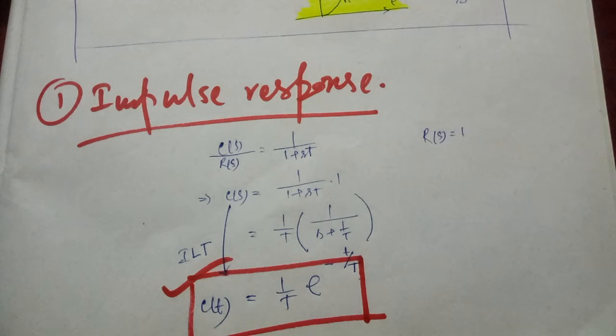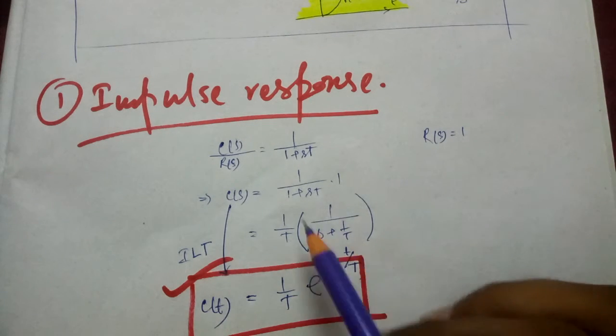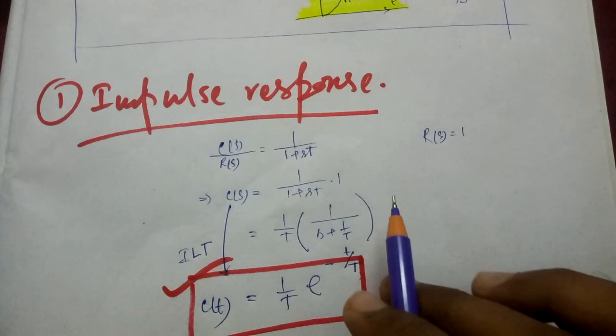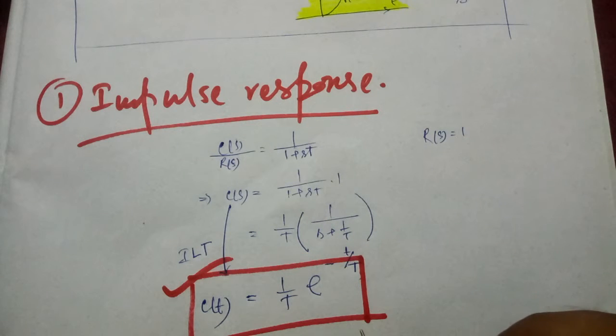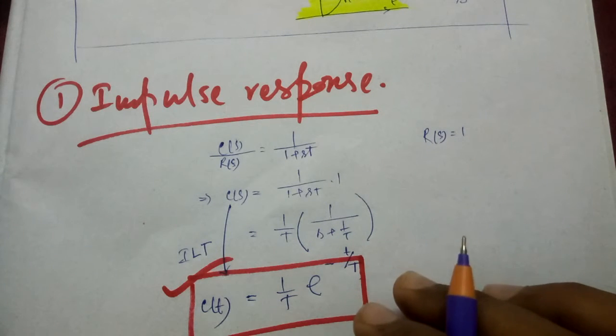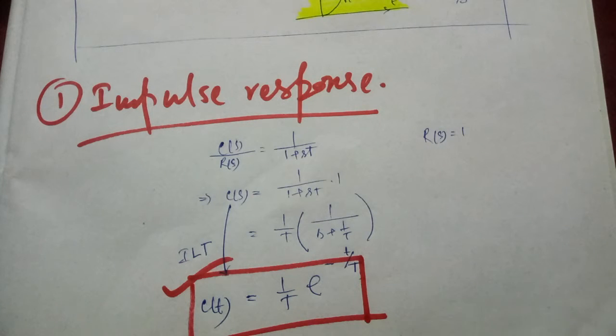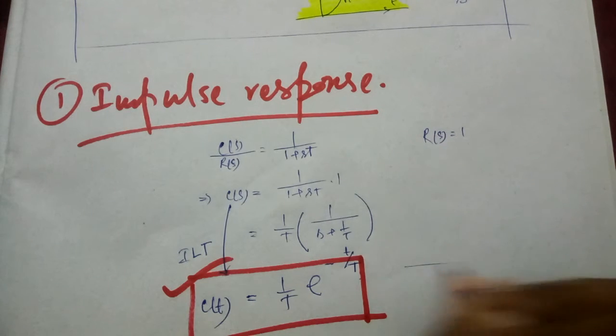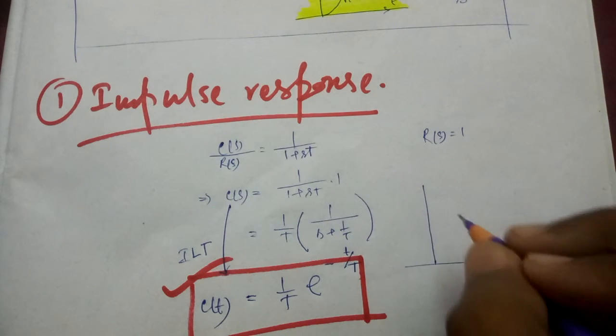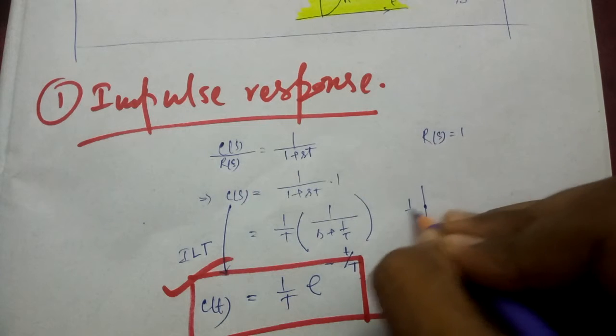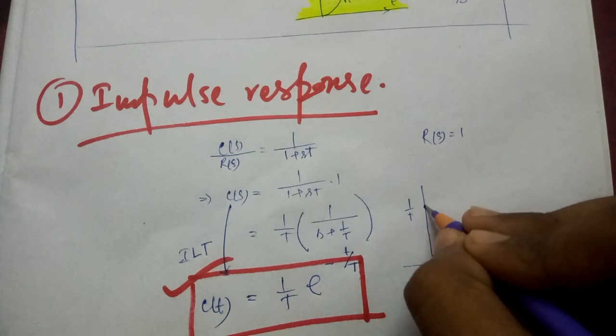So always you have to take the Laplace domain transfer function with the impulse Laplace transform, and find out the time domain response. So that is the actual response. Now if we plot this, the response will be like this.